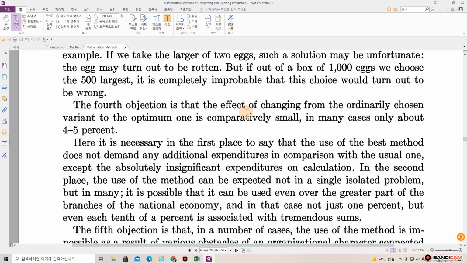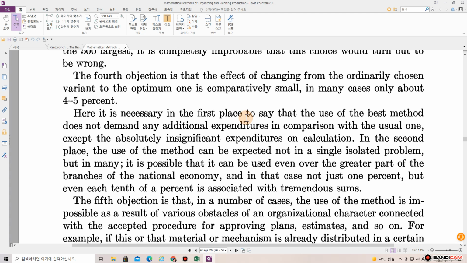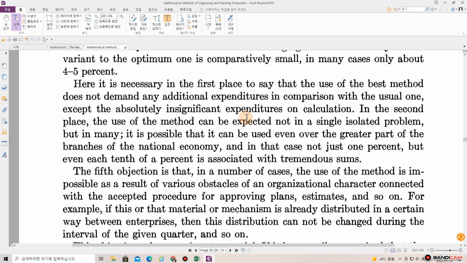The fourth objection is that the effect of changing from the ordinary chosen variant to the optimum one is comparatively small, in many cases only about 4 to 5%. Here it is necessary in the first place to say that the use of the best method does not demand any additional expenditures in comparison with the usual one, except the absolutely insignificant expenditures on calculations.